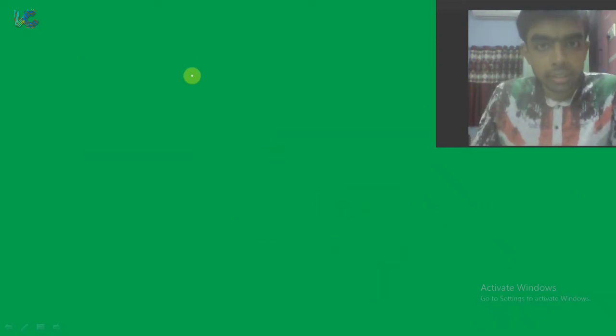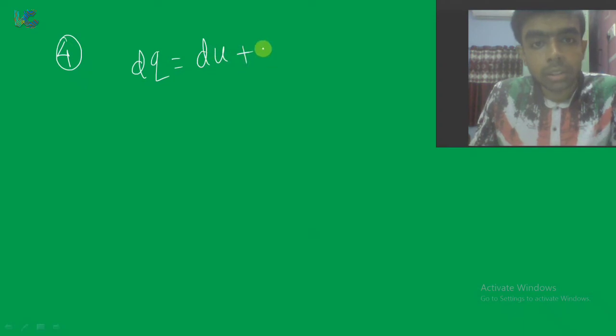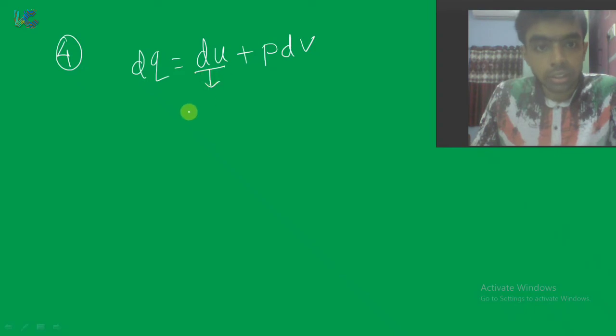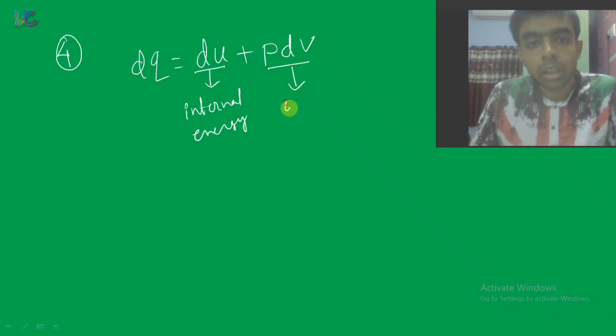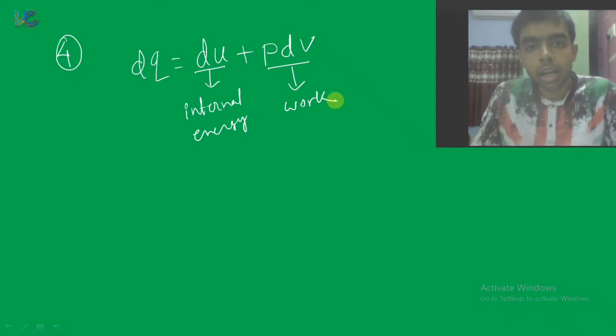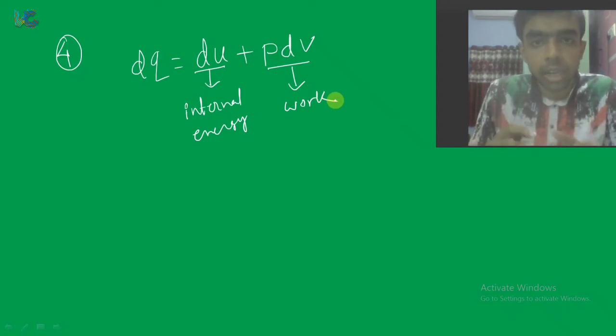Now let's discuss another important point regarding heat and heat capacity. According to the first law of thermodynamics, you have this: dq is equal to dU plus pdV. This part means change in internal energy, and this part comes from work, because work, according to IUPAC, is equal to minus pdV. Fine.